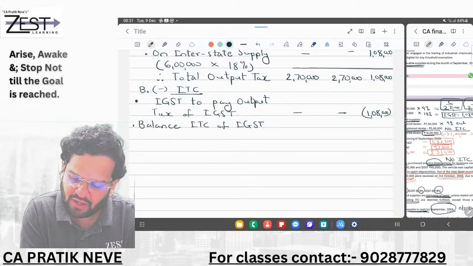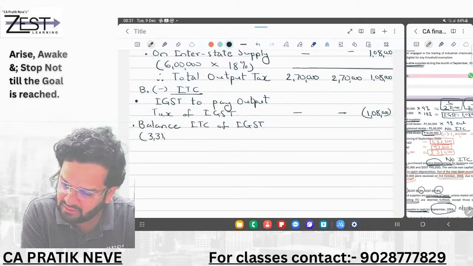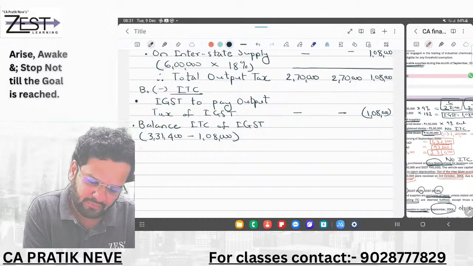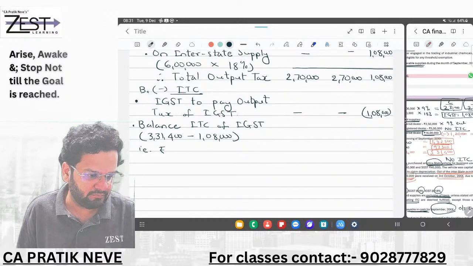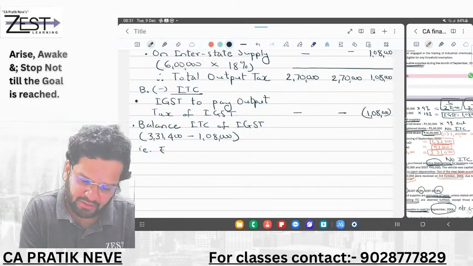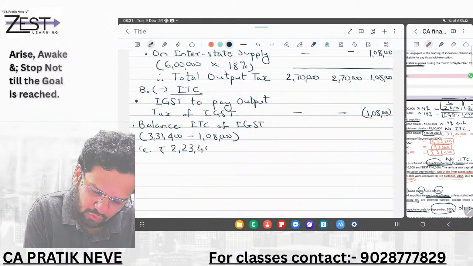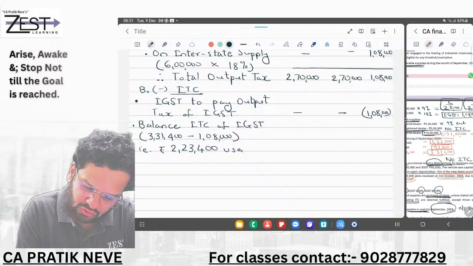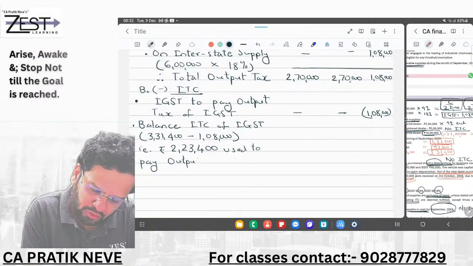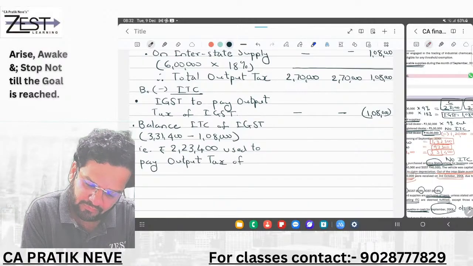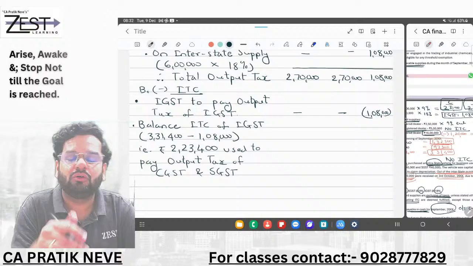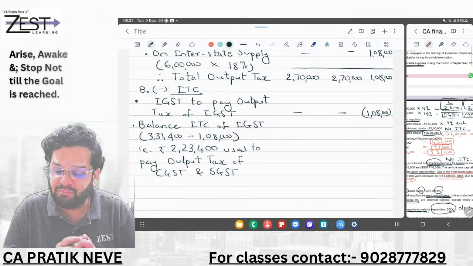What is the balance ITC of IGST? 331,400 less 1,08,000, that is rupees 2,23,400, used to pay output tax of CGST and SGST. All of you know we can use it in any order or any proportion.